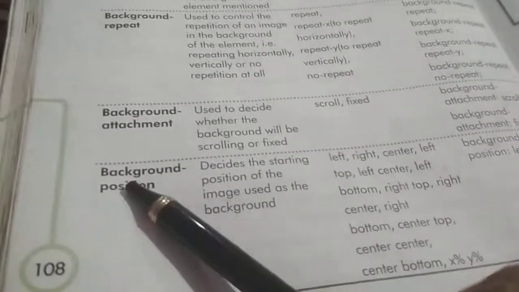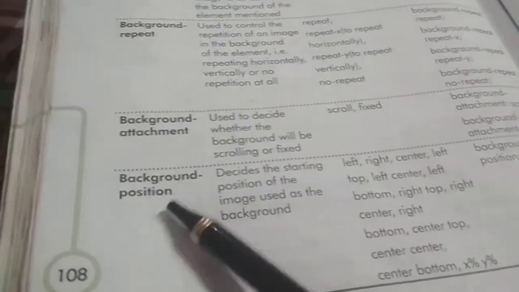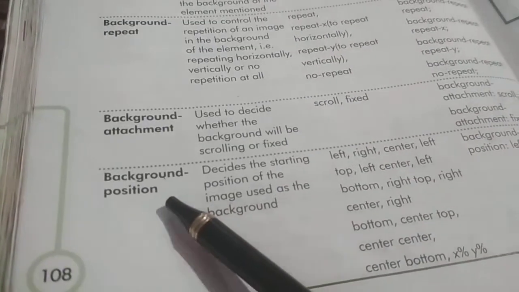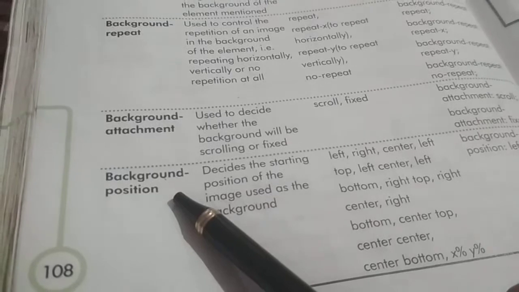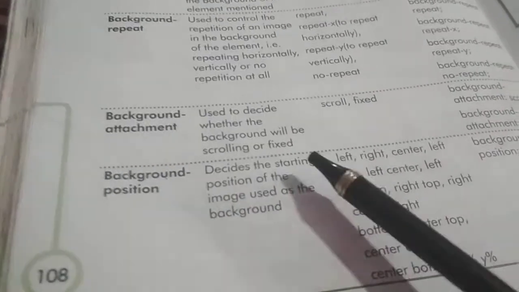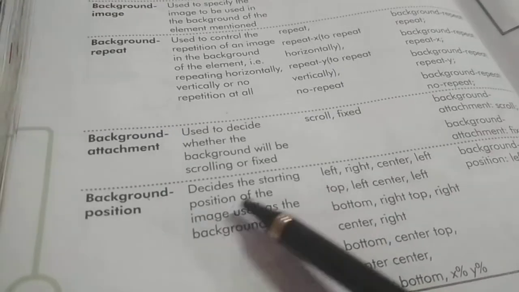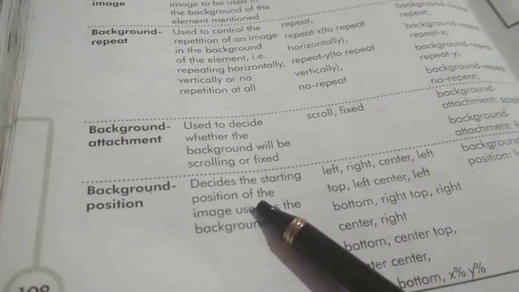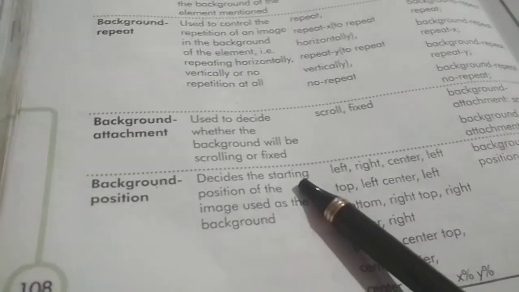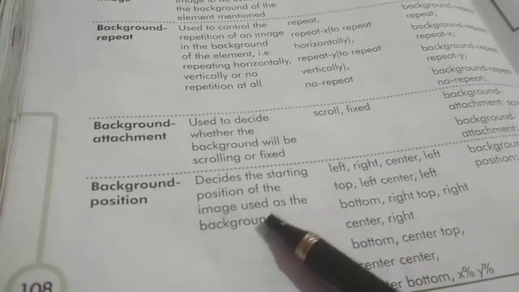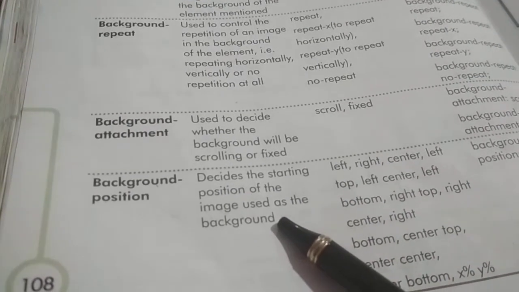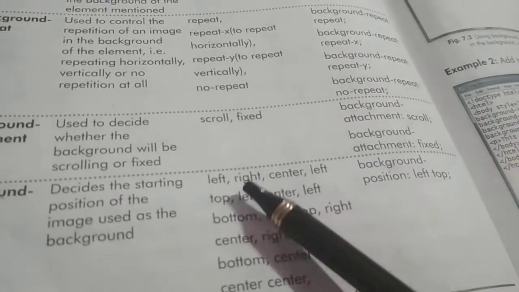Now next is background position. If you are giving the image, then what will be the position of that particular image? We will see this. It decides the starting position of the image used as the background. That means you have to decide the position of the image used as the background. Now what are the values?